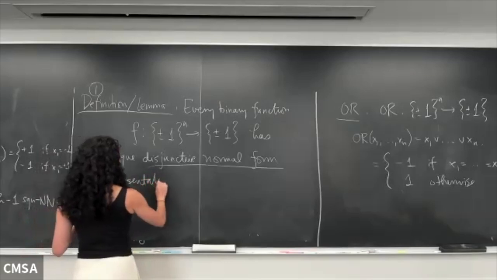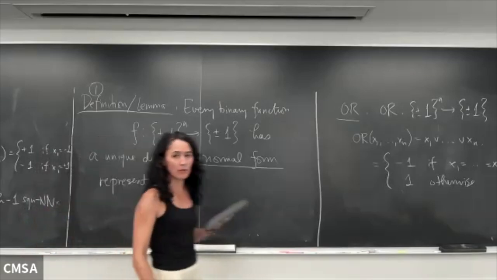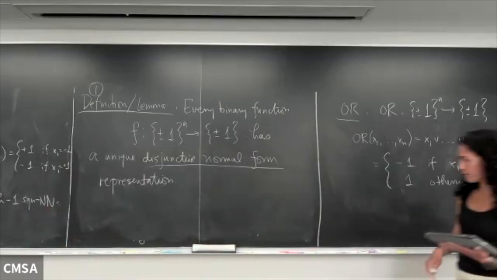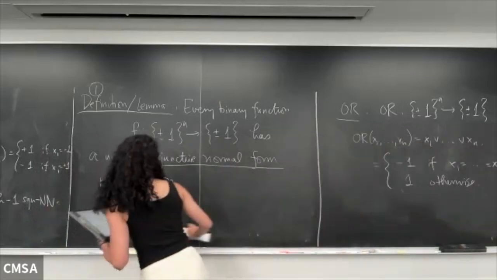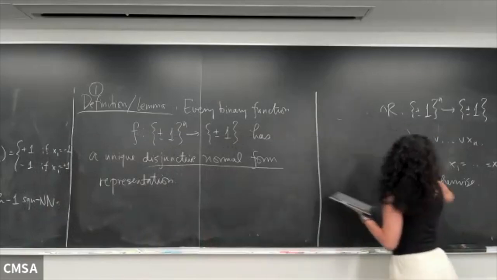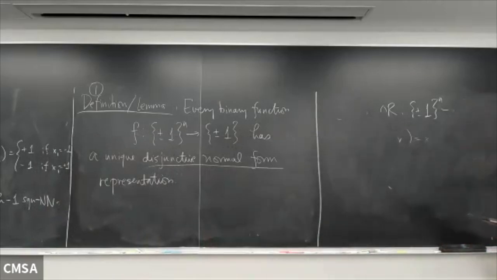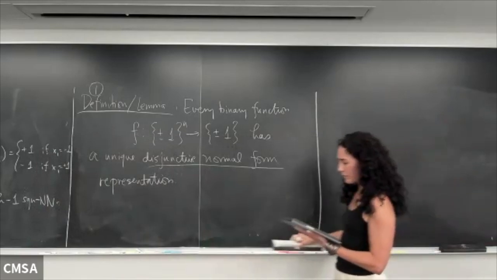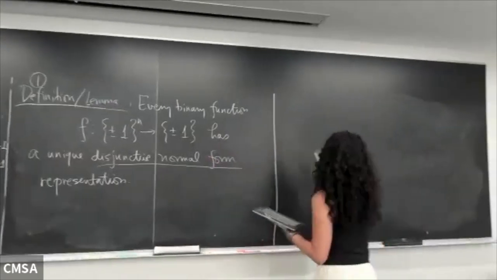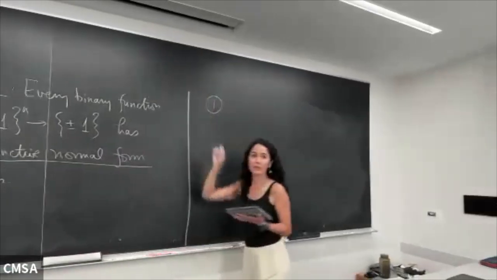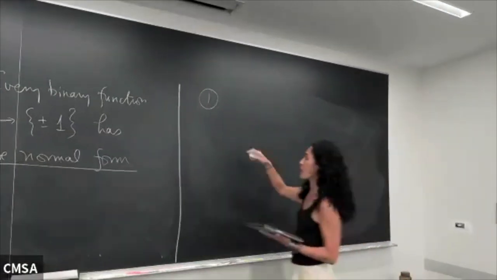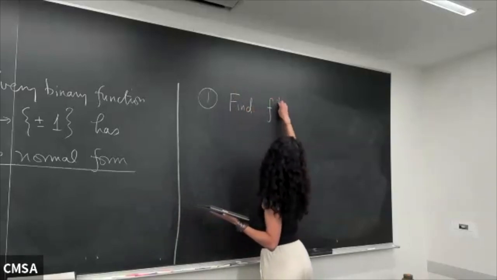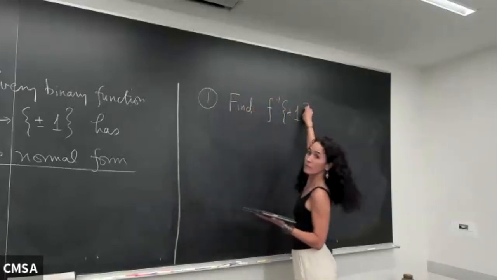Rather than precisely defining disjunctive normal form, let me just explain how you find it, because it's very natural. Okay, so how do you find disjunctive normal form? Well, first you find the set, which is the pre-image of +1.